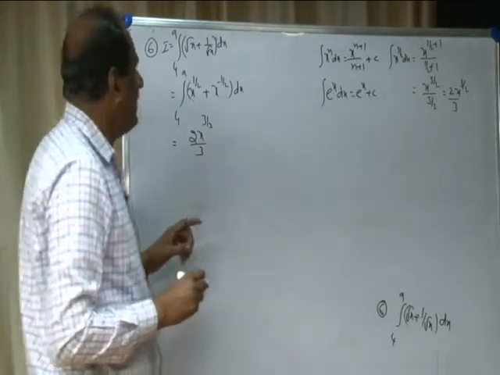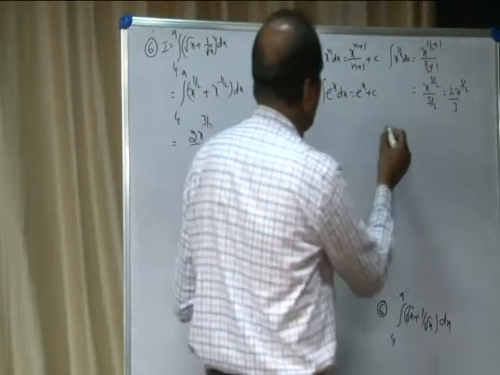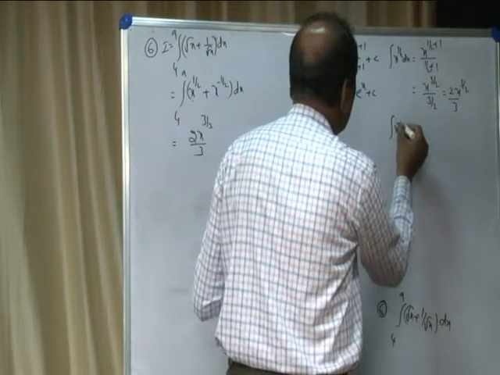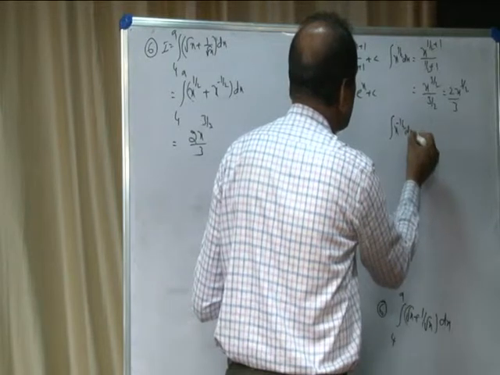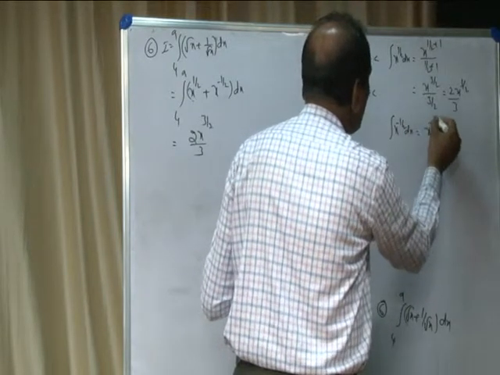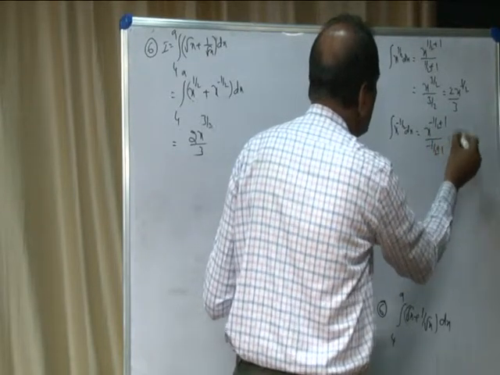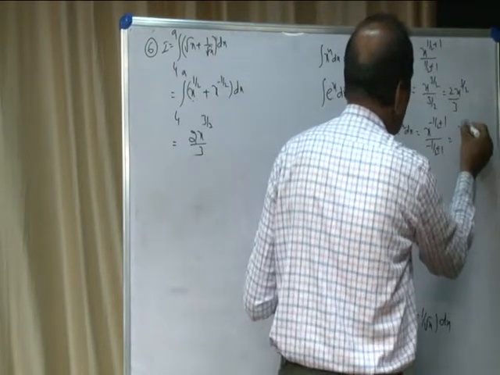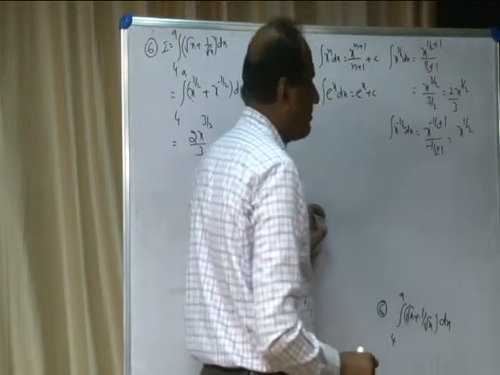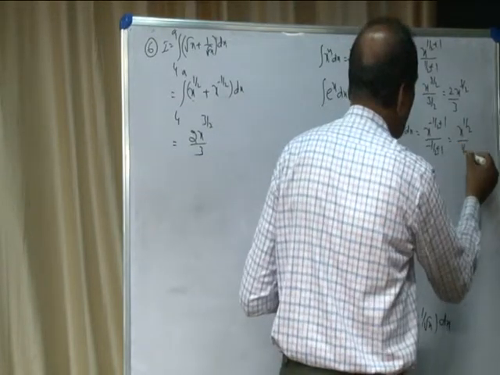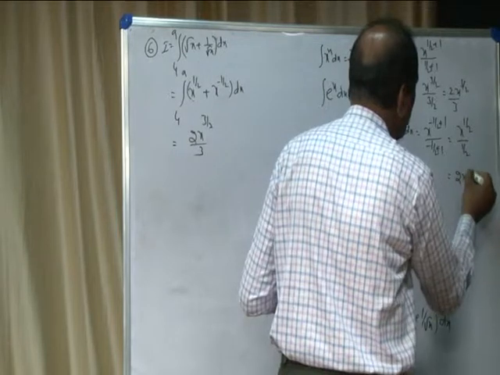Now similarly integrate x power minus half. Integration of x power minus half dx is equal to x power minus half plus 1 by minus half plus 1, that is x power half divided by half, or we can write 2x power half.